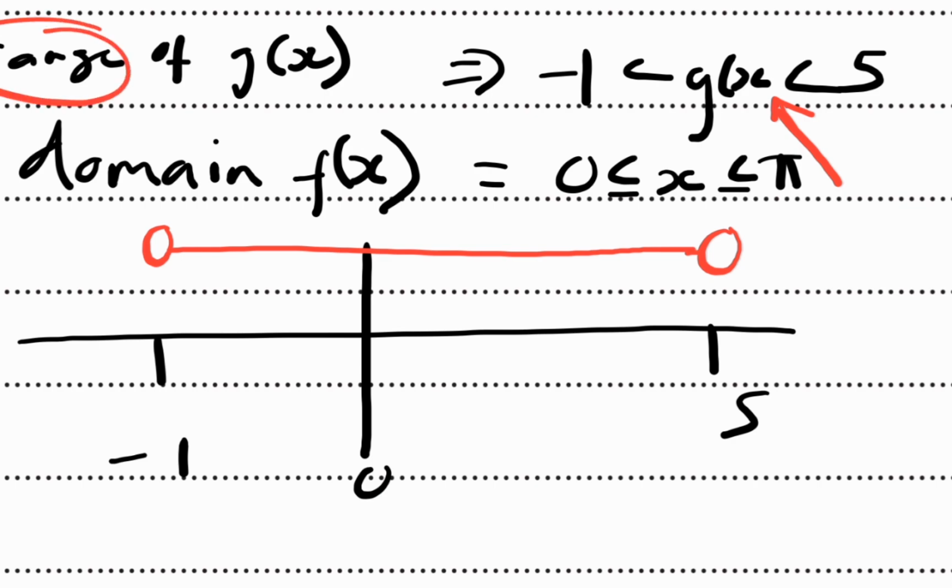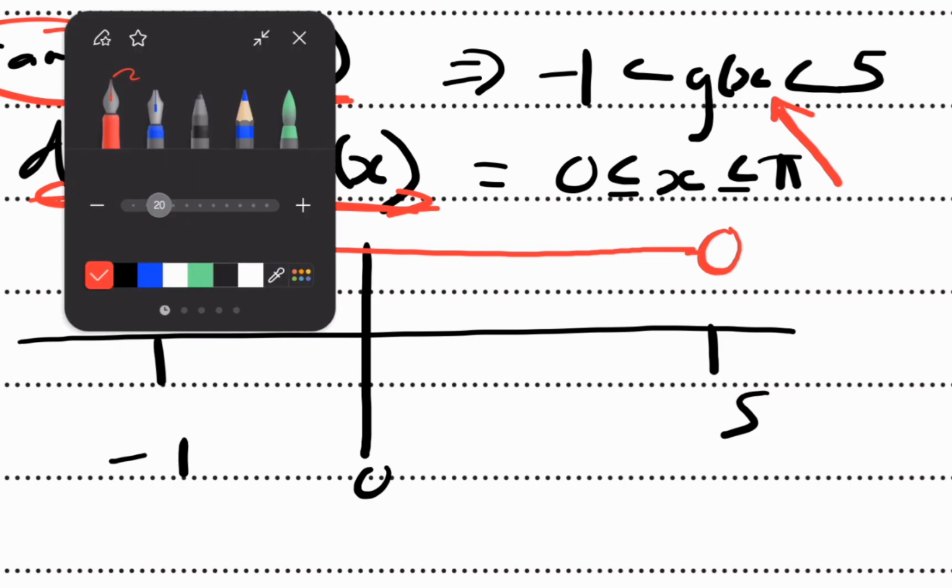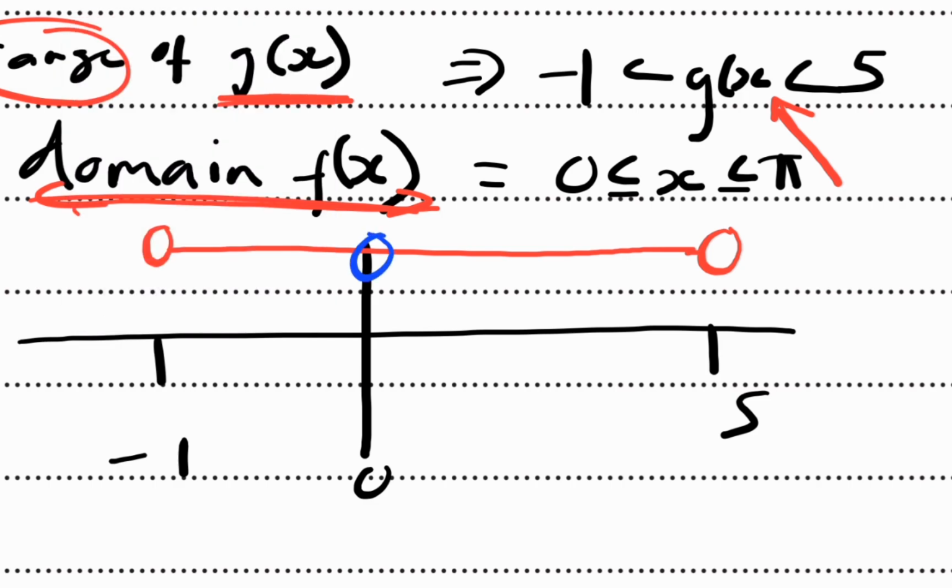I know I said range of g of x should be within or equal to the domain of f of x, but for the sake of explaining, let me show you this. I'll be using the same number line. So from -1 to 5, then the domain of f of x is going from 0 to pi. Now pi is 3.14 something, so it's somewhere here, right?